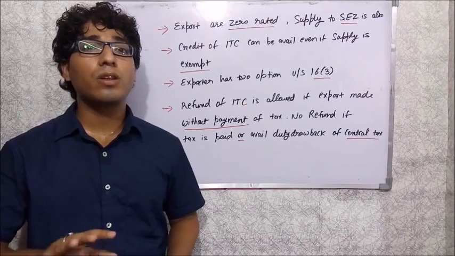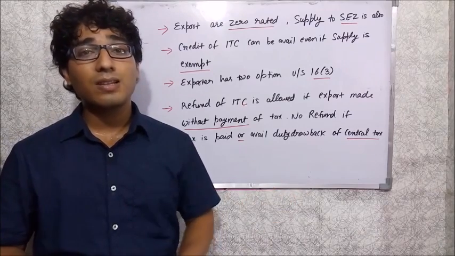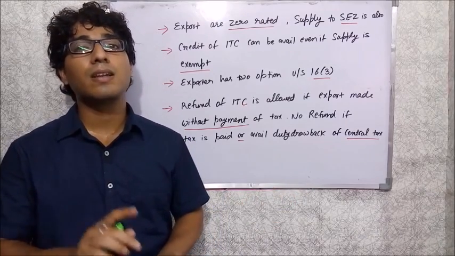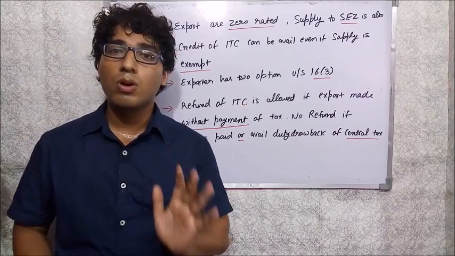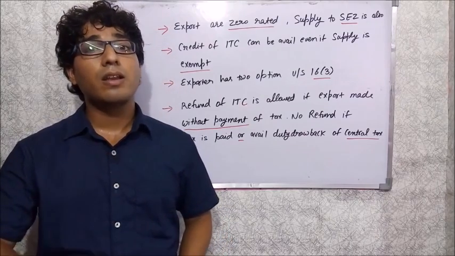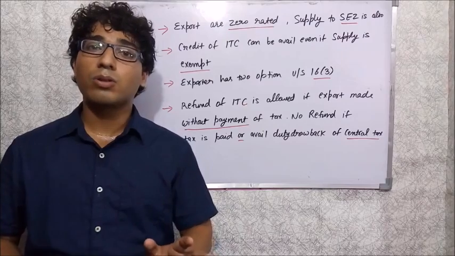The scheme regarding the duty drawback is similar, but there is also some modification in it. If you want to know about it, ask me in the mail. I will not touch on the duty drawback here.